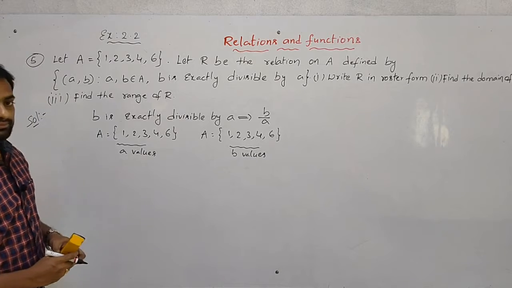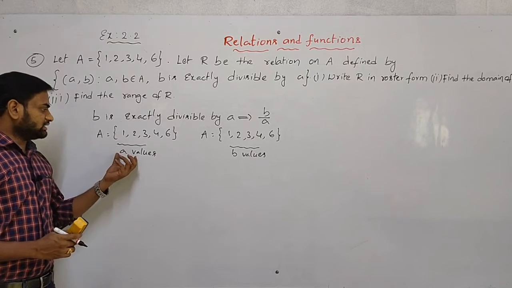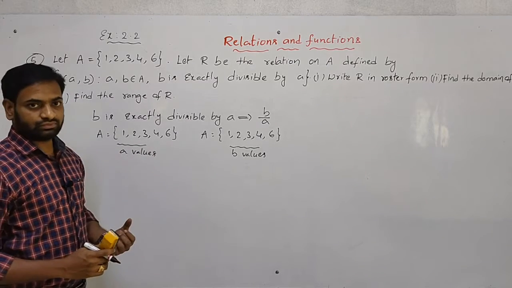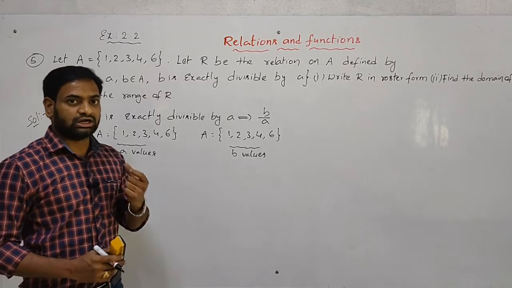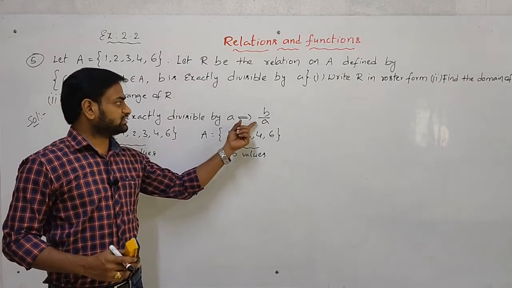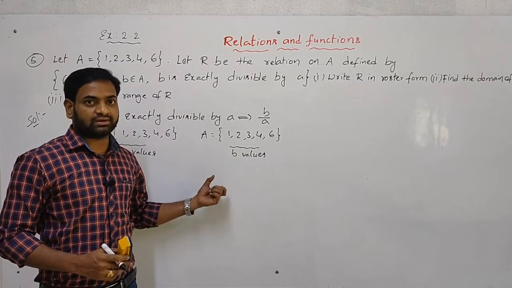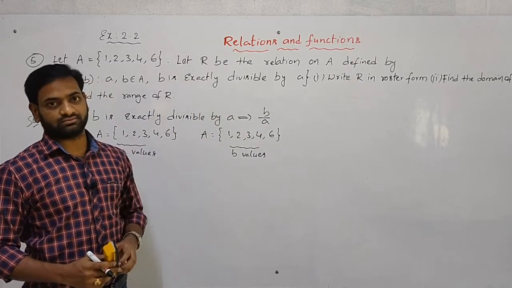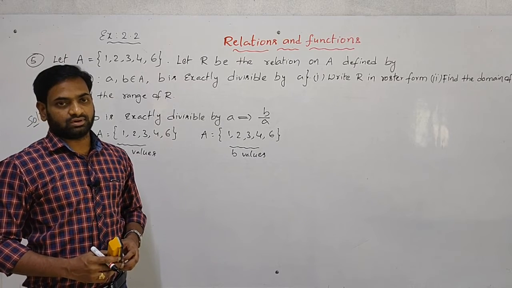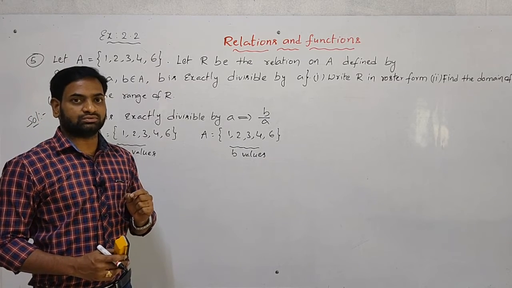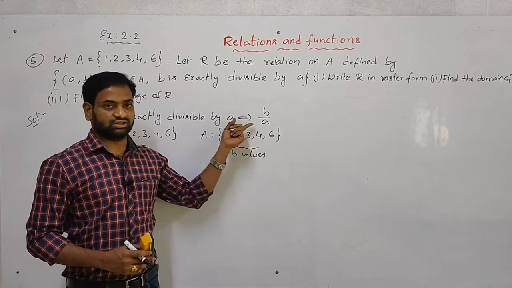Now see here. If you choose A value, B value, which ordered pair satisfy this condition, that ordered pair is in the relation. Which A value, B value satisfy this condition? What is the condition?